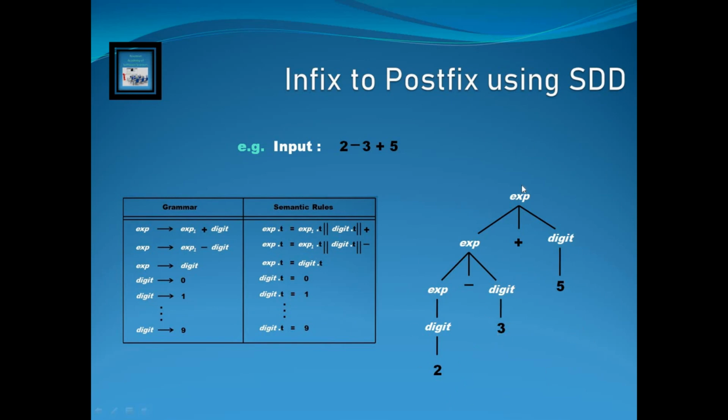So first of all we will draw the parse tree for the given input, using the first column, the grammar. Then the second step is, at each grammar symbol we write the corresponding attributes which are given within the semantic rules of the second column.